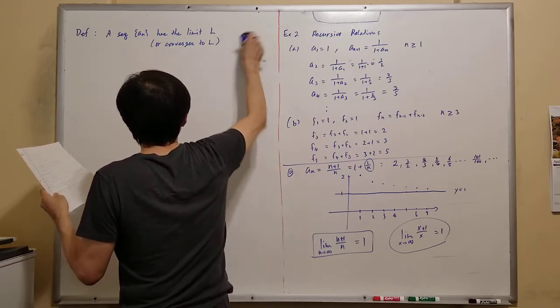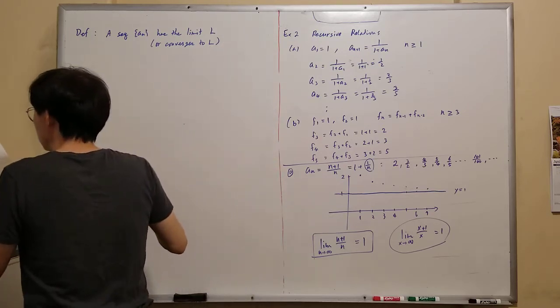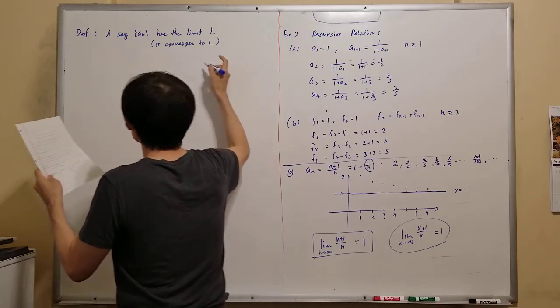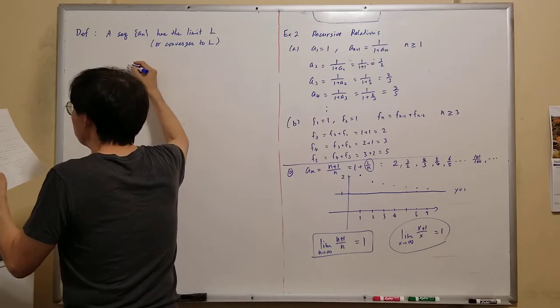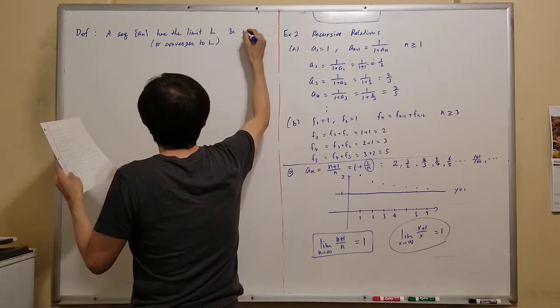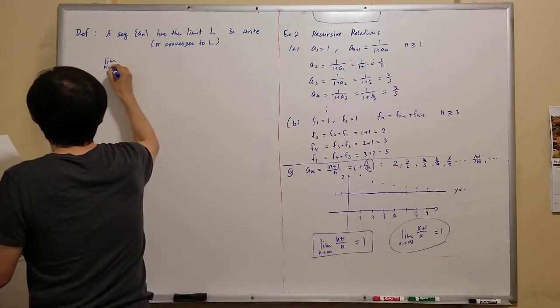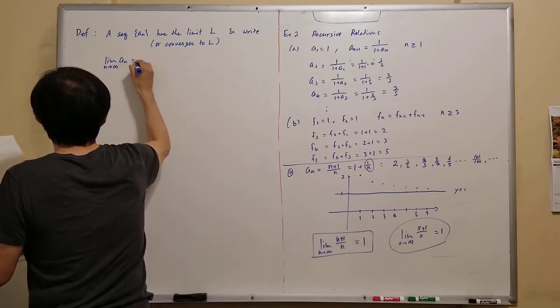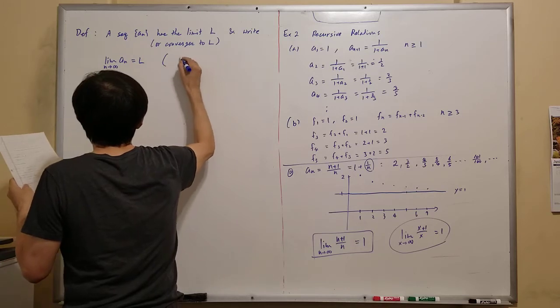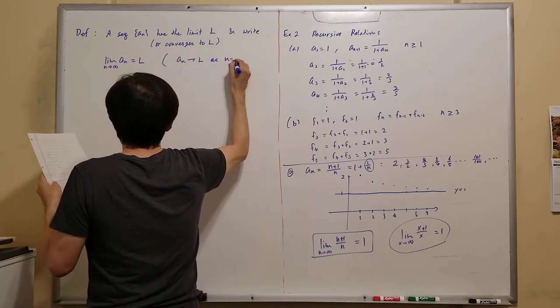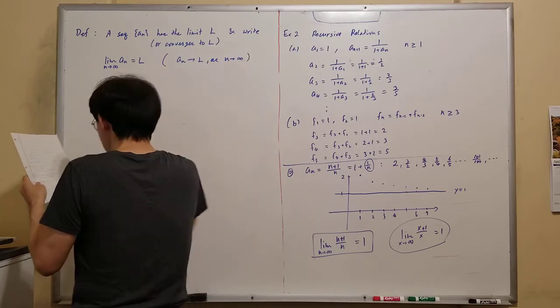Well, we don't even have to write it. And denote it and write it as the limit as n goes to infinity of a_n equals L, or we say that a_n approaches L as n goes to infinity. Okay?